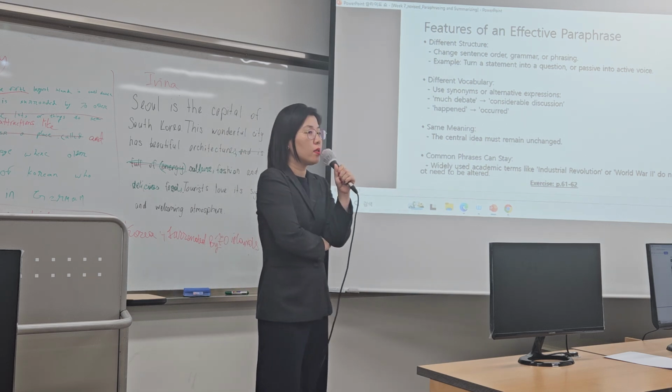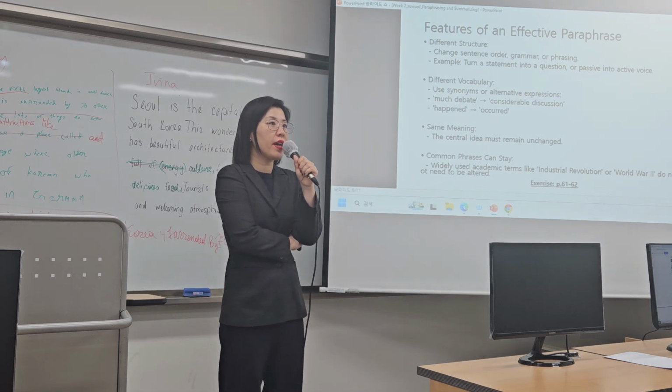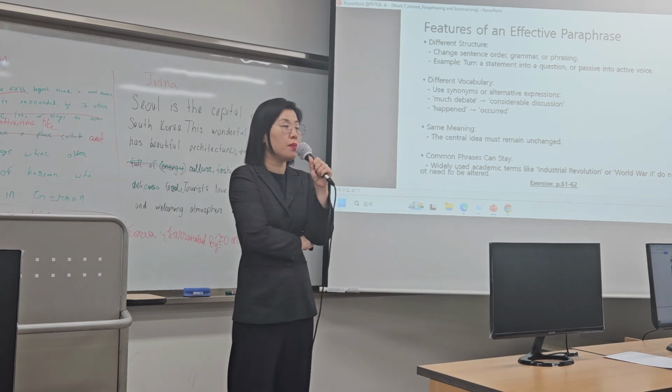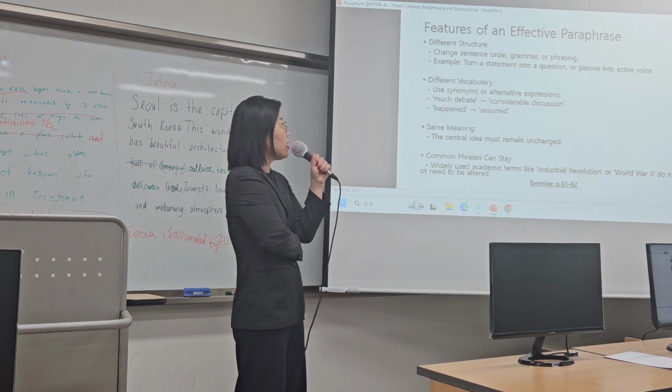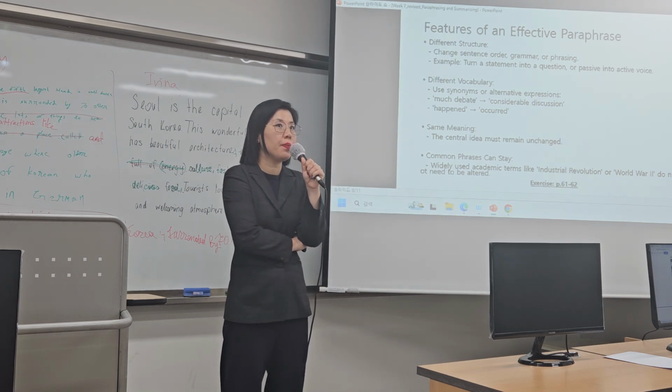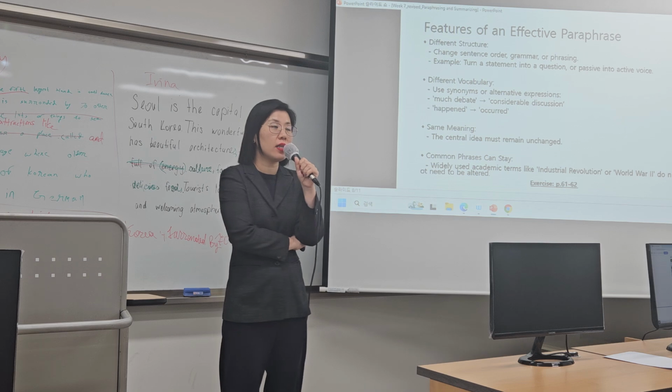Right, so if you want to paraphrase, you basically can change the sentence structure or change the grammar or phrases. And these are the common tactics, so you can change the statement into a question, or, more commonly, you change the active into passive voice or passive voice into active voice.